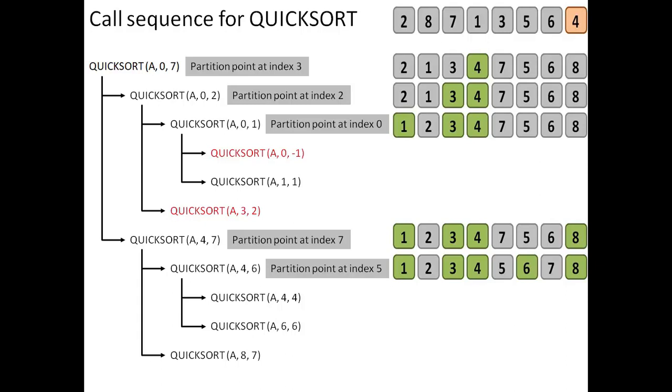The worst case complexity of the quicksort algorithm comes out to be theta of n square, and it happens when partition takes place such that the size of one subproblem is 0 and the size of the other subproblem comes out to be n minus 1.